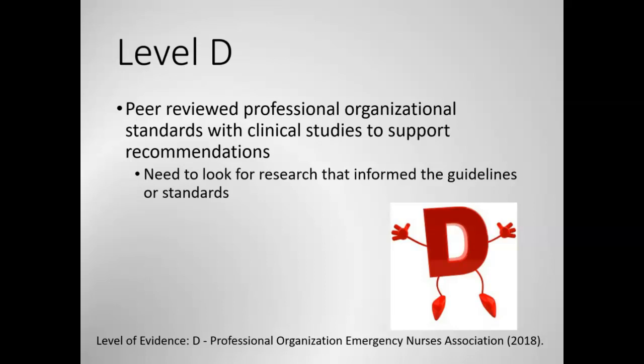So it may or may not have research behind it. We hope it does. It could be the American Heart Association recommendations, the diabetic recommendations from an organization. So it's a recommendation, but you haven't actually read the research yourself. Therefore, it'd be a level D because it's an organizational standard that they have published.